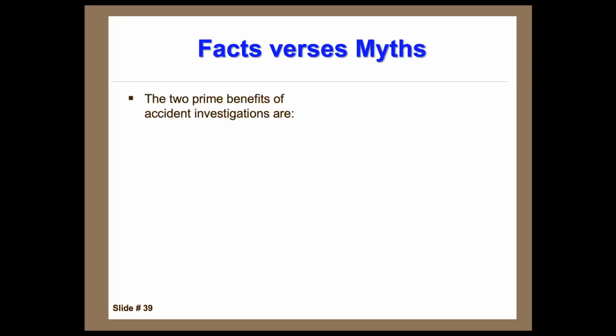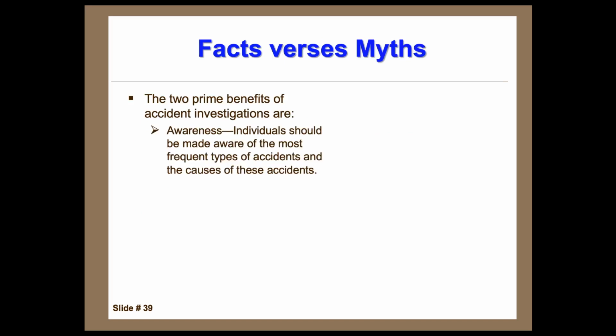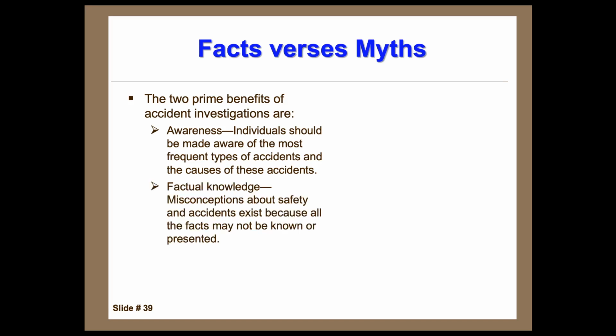Facts versus myths. The 2 prime benefits of accident investigations are: number 1, awareness, and number 2, factual knowledge. What is awareness? Individuals should be made aware of the most frequent types of accidents and the causes of these accidents.